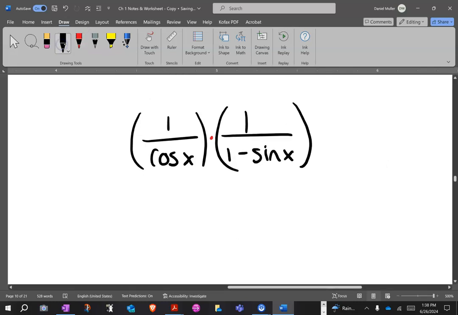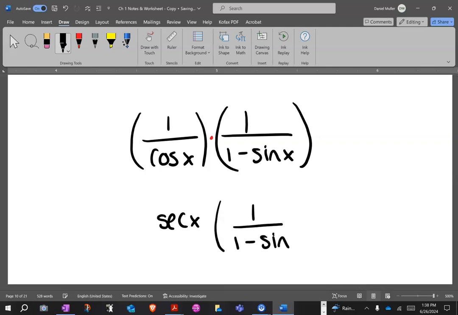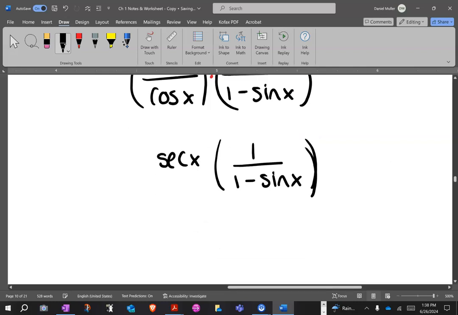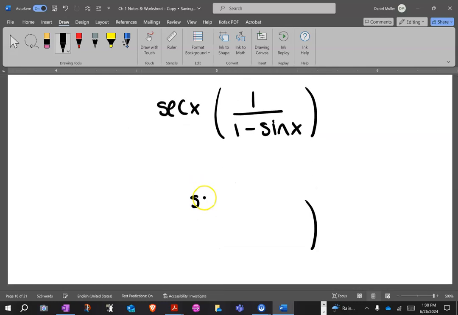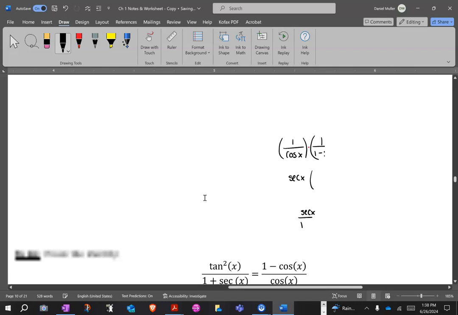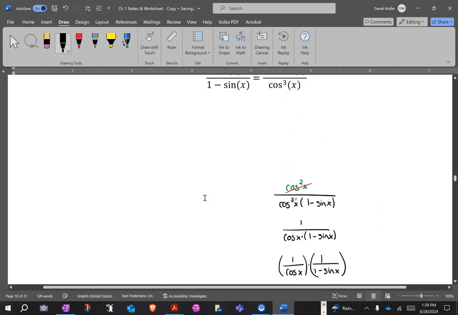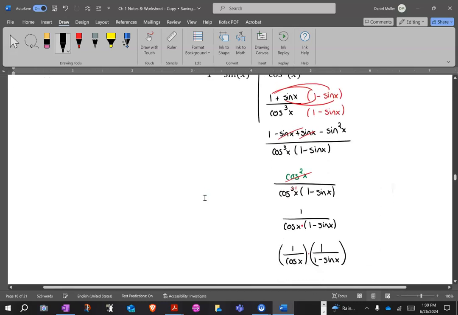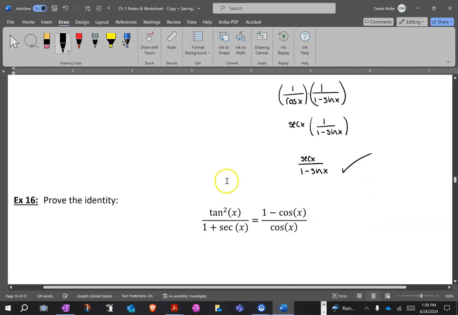So 1 over cos turns into secant, and then there's a 1 over 1 minus sine x, and the secant can just go on top there. Which I believe is secant and 1 minus sine. Yes, it is. So my left side equals my right side. Perfect.